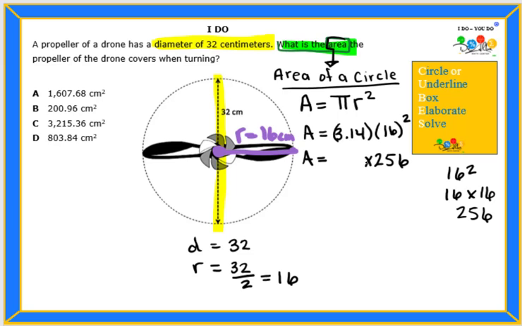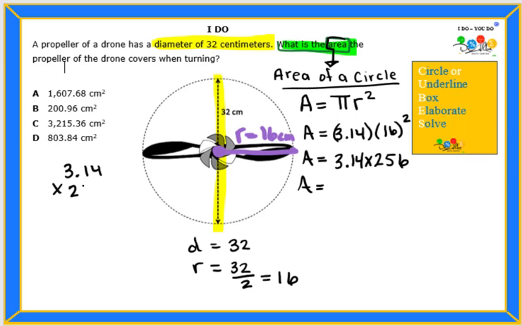But we're still multiplying that times our pi value, which we are using 3.14. Okay, let's work that out. We're going to multiply 3.14 times 256. 4 times 6 is 24.